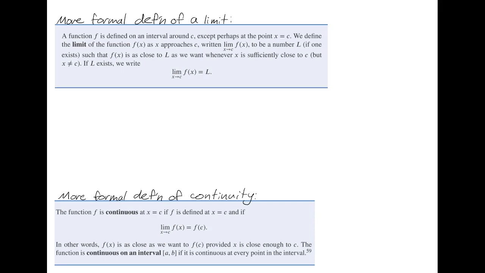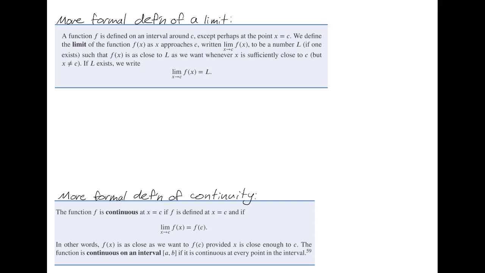Sometimes it doesn't exist, we'll get to that. And L has to satisfy these criteria: f of x is as close as we want to L whenever x is sufficiently close to c, but not at x equals c. If this is true, we write that the limit is equal to L.